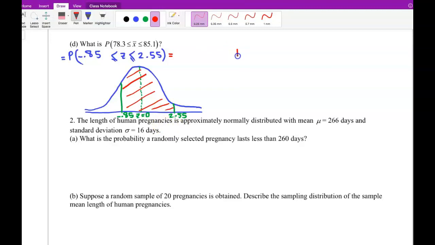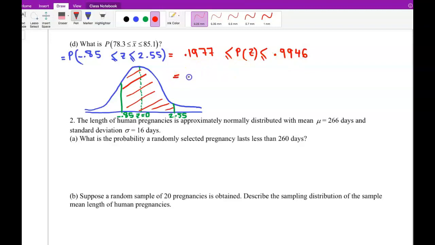Okay, so the probability of z between, for negative 0.85 we got 0.1977, and for when z is equal to 2.55, we have 0.9946.